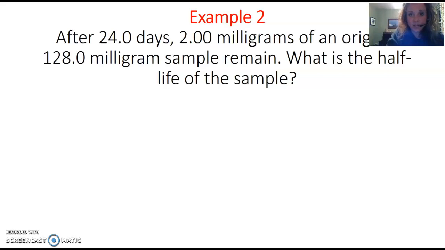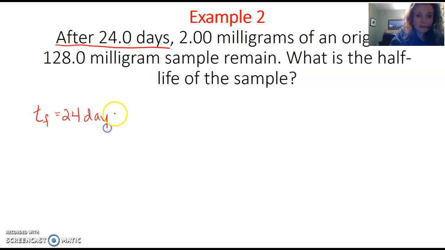Well, I'm going to start by writing out my inventory. So my first piece of information is after 24 days. That means that that's the final time. So my TF is 24 days.